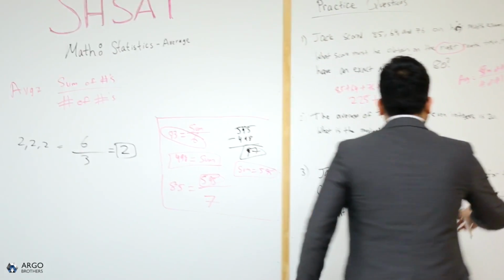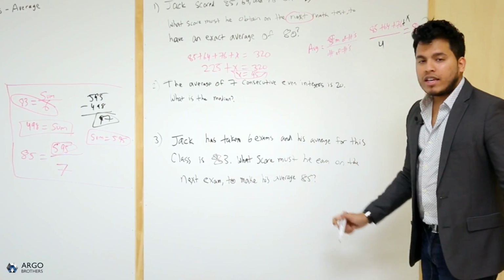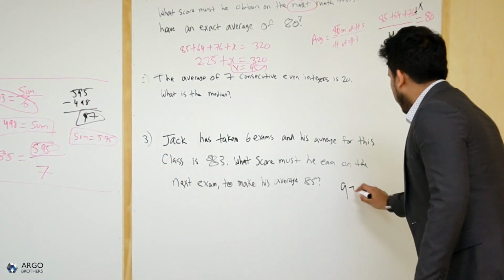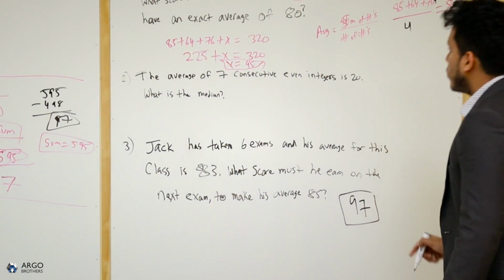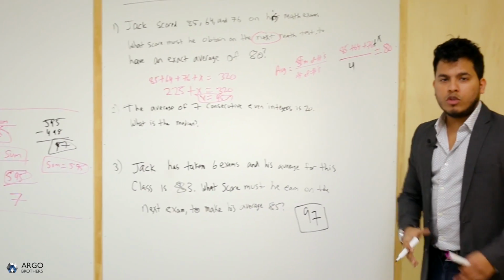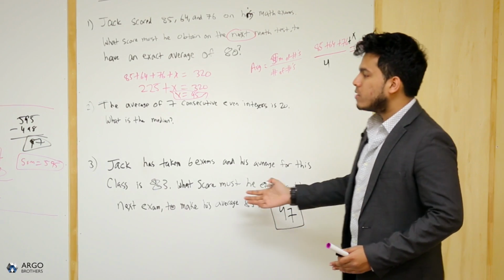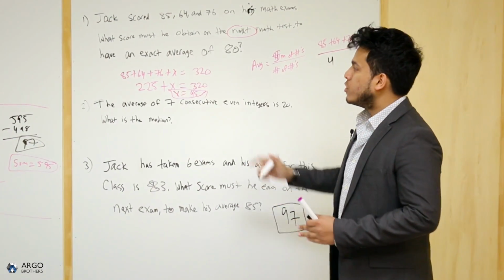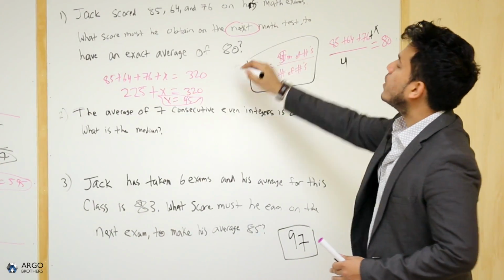Jack must score a 97 on his next exam to make his average an 85. So the answer is 97 for this kind of question. These are the variations you can see. You must be able to manipulate the original average formula.